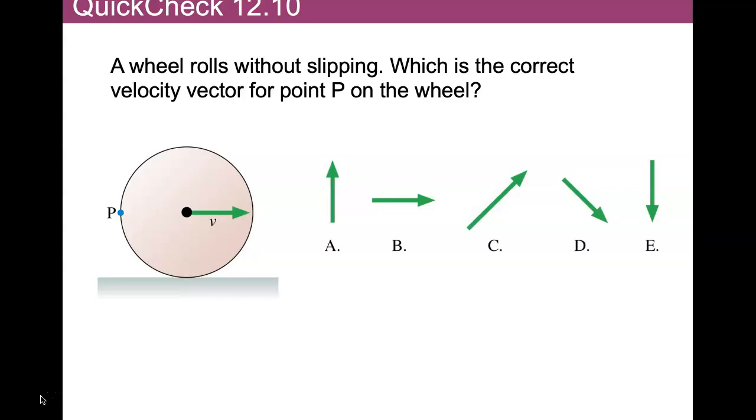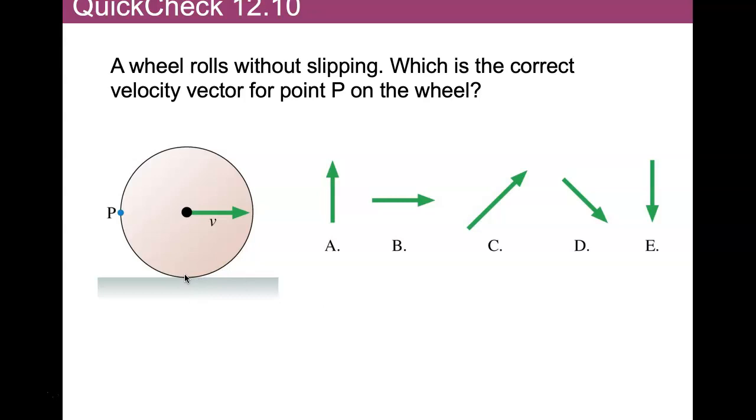It's rolling without slipping. The center of the wheel has some velocity v, and we want to see what is the velocity of point P. Again, we have two pictures. One is instantaneous rotation around the point of contact with the ground, around this point.